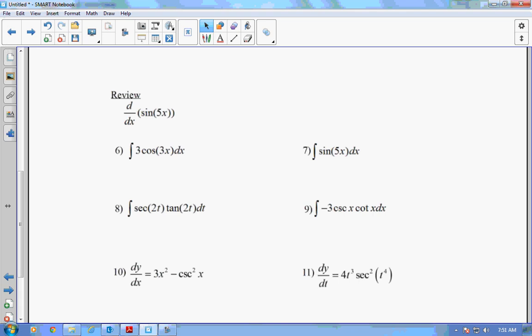Because we have a function inside of another function. Okay, Ethan, you done with that one? Will you come write what you got for the derivative of sine of 5x?